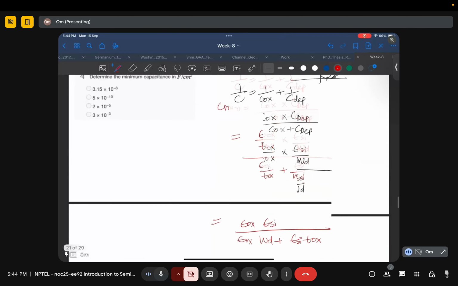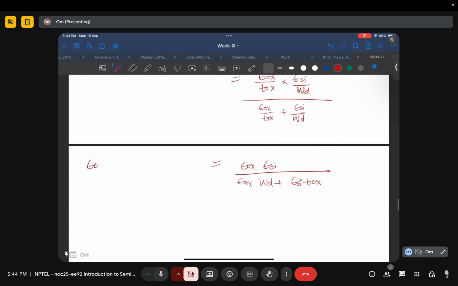If you see the values, epsilon ox is 3.9 and epsilon Si is 11.8. So epsilon Si is almost equal to 3 times epsilon ox. We replace this here.